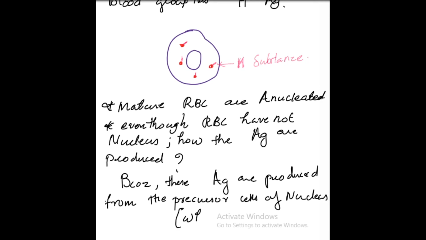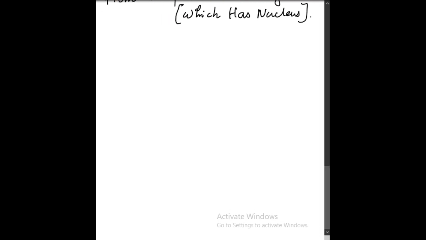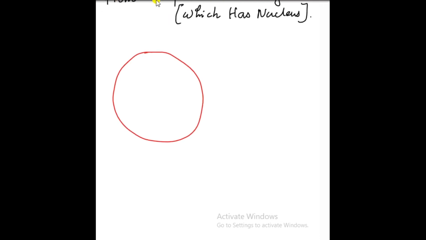So antigens on the surface of the RBC are produced from the precursor of RBCs, because the antigens are produced from the precursor cells with a nucleus. That is the point.